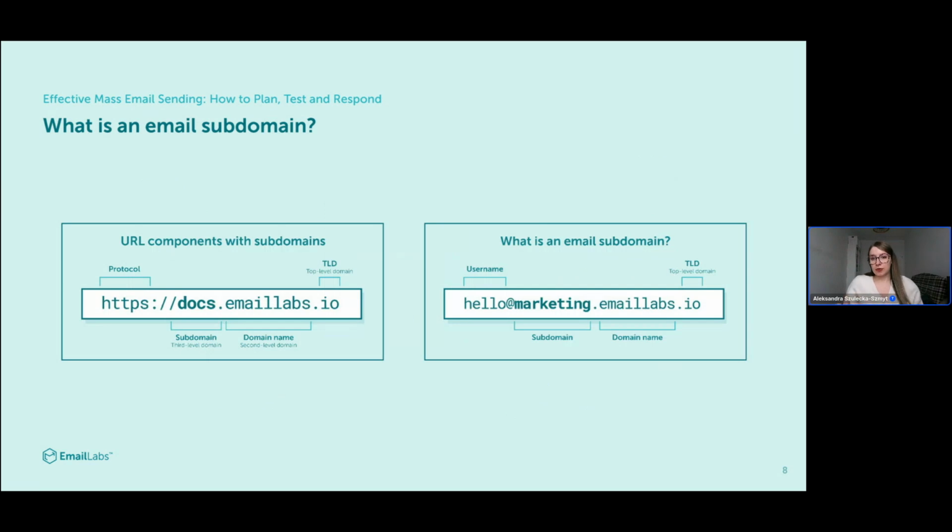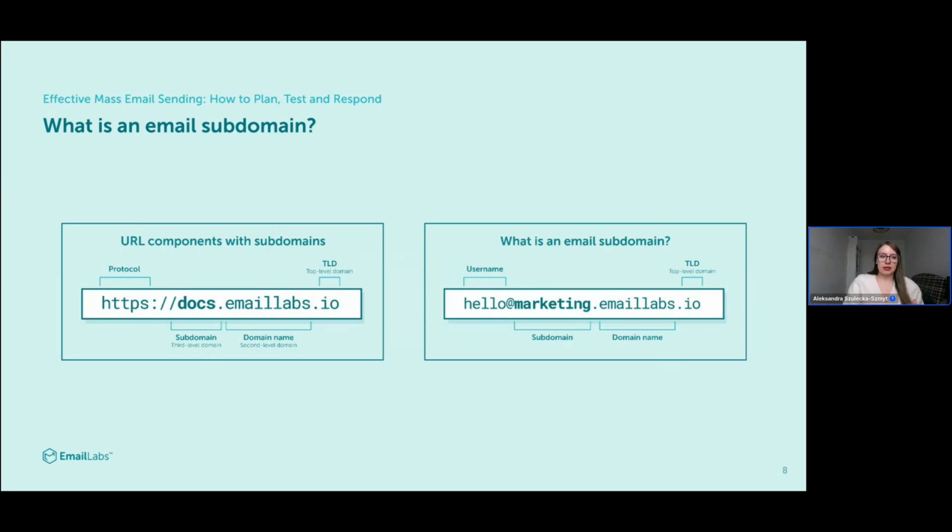Then for mass sending, and not only, you can use an email domain or email subdomain. And on the slide, you can see what a subdomain looks like. Before the main domain, you can add a word, for example, marketing, newsletter, transactional, and so on, and it will indicate what kind of mailing it is.